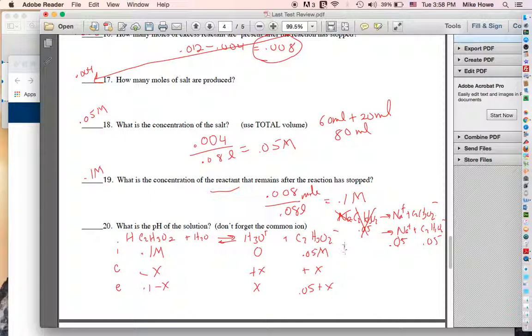So you know the equilibrium constant Ka is equal to the hydronium multiplied by the acetate divided by the acid, just products divided by reactants. We know that this number from earlier in the test is 1.75 times 10 to the negative fifth. That's going to equal X times 0.05 plus X.